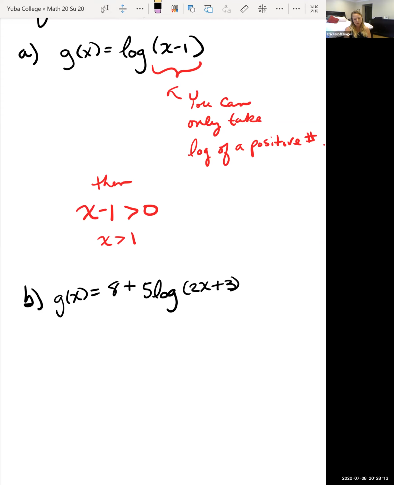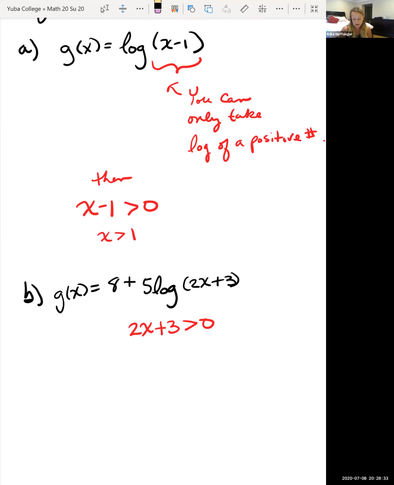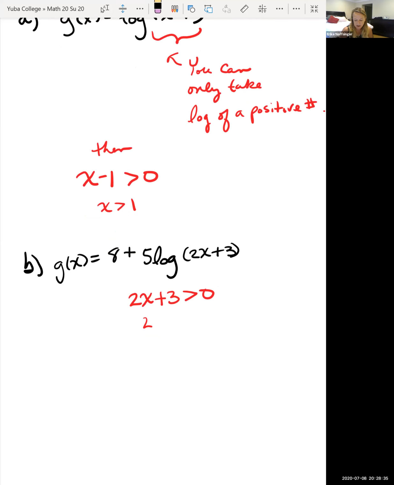It has to do with our log. And so the only place that we would have troubles are variables that we plug in for x that give us a negative number in what we're taking the log of. So again, you would just set what you are taking the log of, in this case 2x plus 3, greater than 0. So subtract 3, 2x is greater than negative 3, divide by 2, x has to be greater than negative 3 halves.